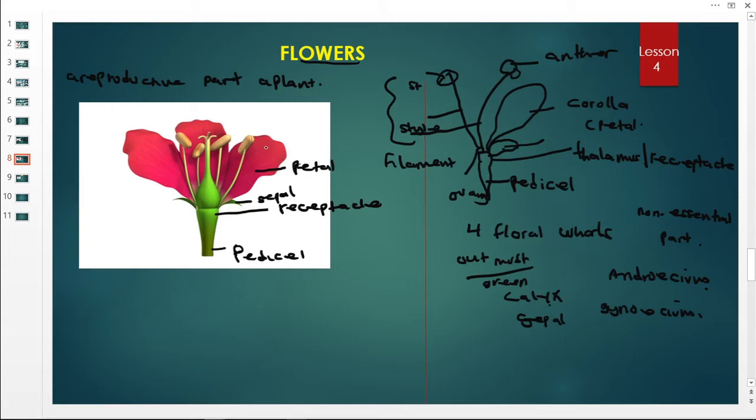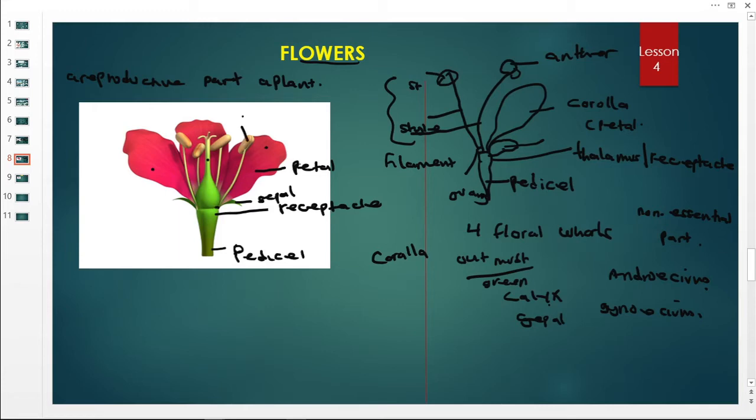When they are in a group, they form what we call the corolla. So the corolla and the calyx are non-essential parts of a flower, meaning they don't participate in the reproduction of a flower. Then we look at the third floral whorl, which is made up of two parts. There is this one, and this part here.